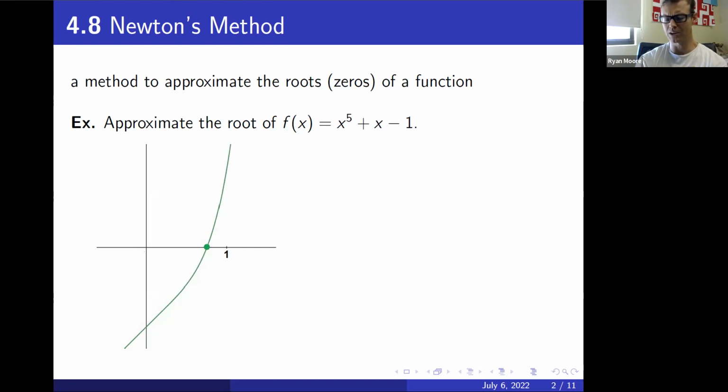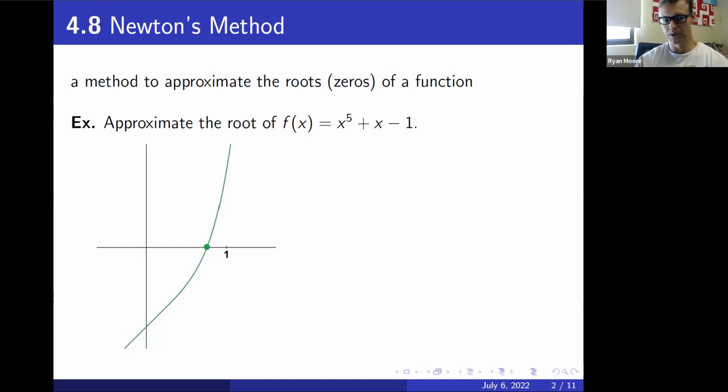The 0 is somewhere between 0 and 1, a little bit closer to 1. Okay, well, how is this helpful? How can calculus and tangent lines help us approximate where that 0 occurs?